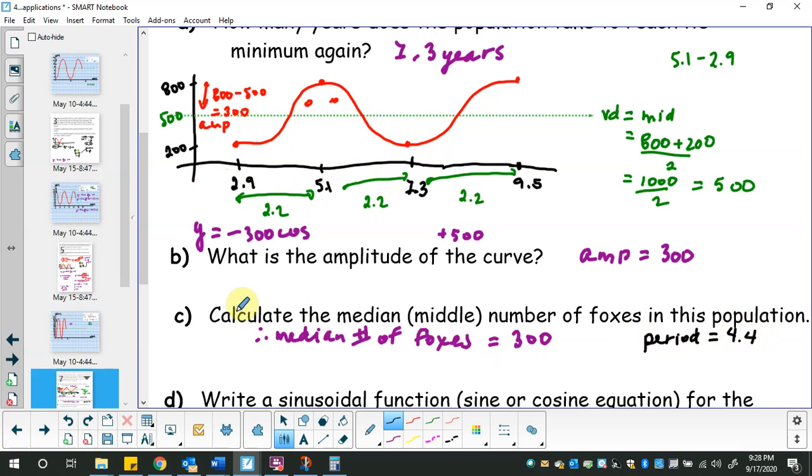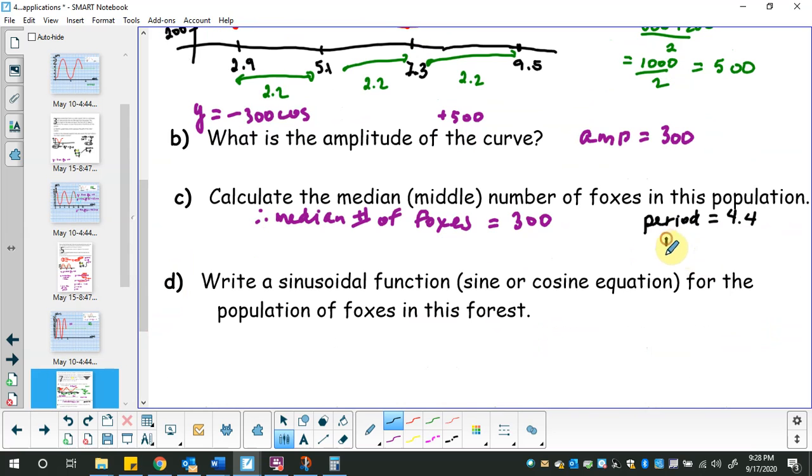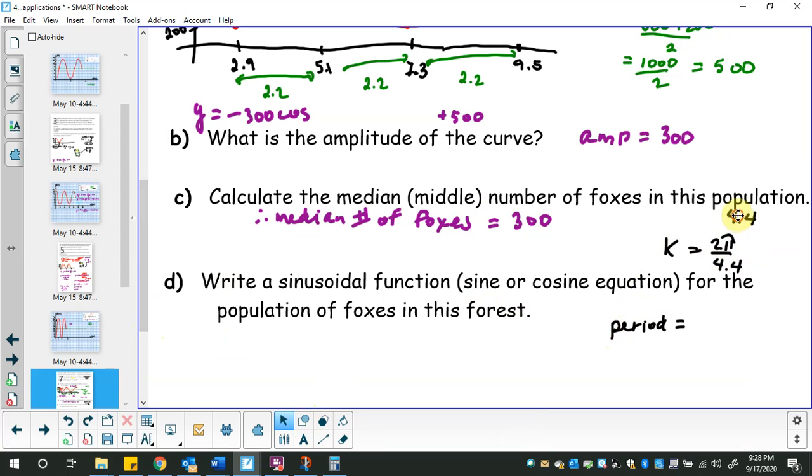Now you can do all the math that gets you the k value, or you can say k is equal to 2 pi over 4.4. So I'm going to drag this to a place where it belongs.